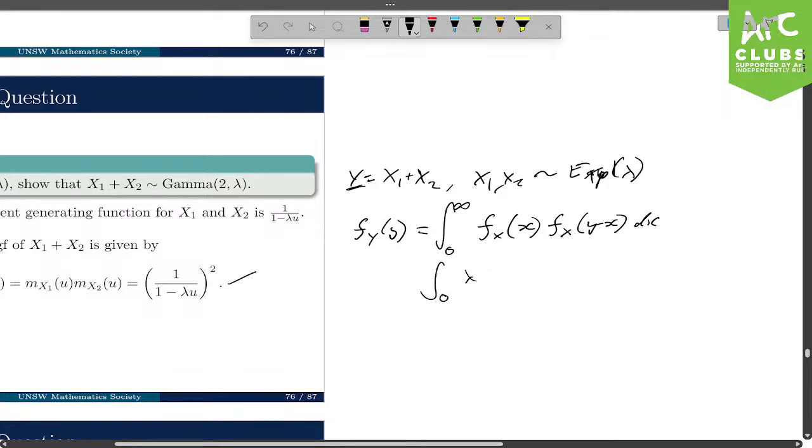lambda e to the minus lambda x times lambda e to the minus lambda (y minus x) dx. We know that the x values here cancel, and so it actually ends up being treated as a constant.